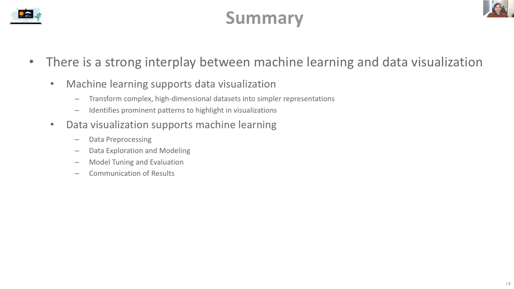So, we can say that the fields of machine learning and data visualization are tightly interwoven together. We showed quite a few examples of the interplay between machine learning and data visualization. Of course, there are tons of more examples to show how these two fields are strongly connected.